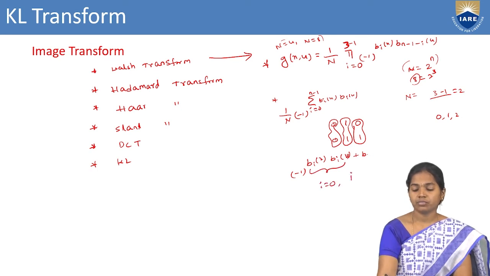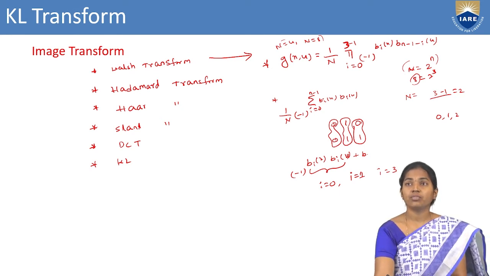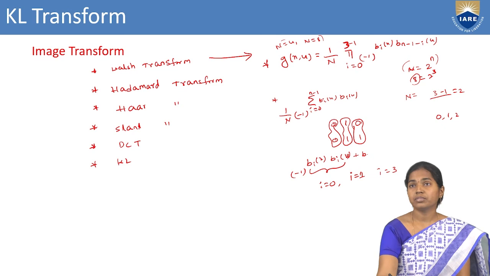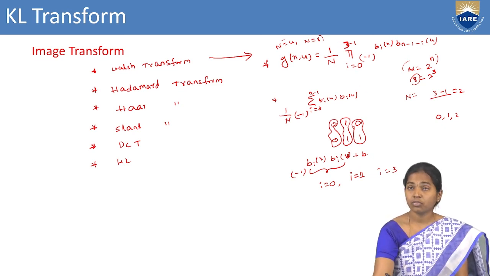Next, I equals to 1. Next, I equals to 3. So like that, 0th bit of x multiplied with the 0th bit of u, and first bit of x multiplied with first bit of u. Next, second bit of x multiplied with second bit of u. So like that, with the use of this shortcut method also, you can find all the transform coefficient values.